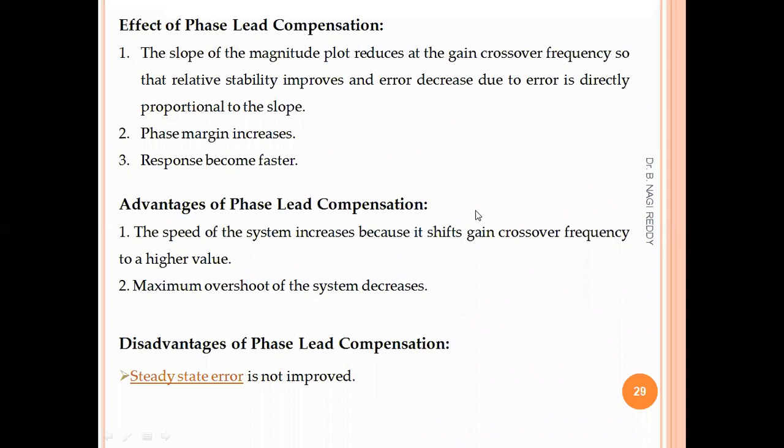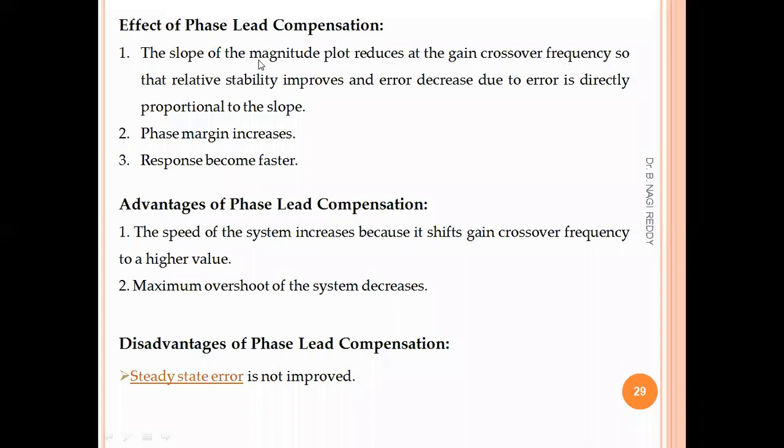Right? Of course, there are a few advantages and disadvantages for the lead compensator. Before going to the advantages and disadvantages, let's see the effects of lead compensation, if we add the lead compensator to the entire system. The slope of the magnitude plot reduces at the gain crossover frequency.